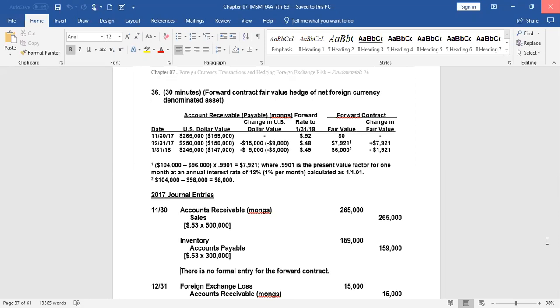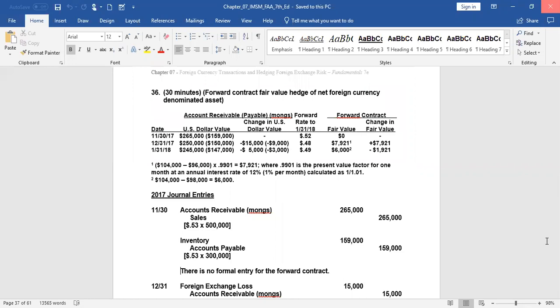To hedge its net exposure in Hmongs, Eximco enters into a forward contract. Remember, the two ways you can hedge that translation gain or loss is either by signing a forward contract or purchasing an option. Now, when you sign a forward contract, you are locked in.